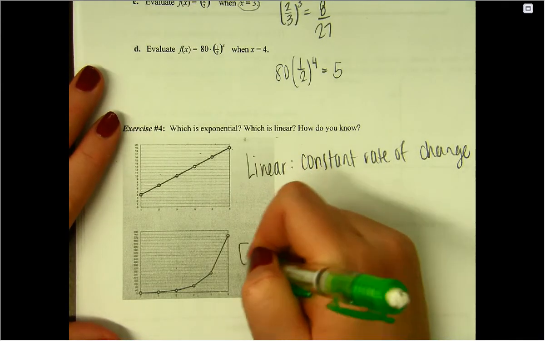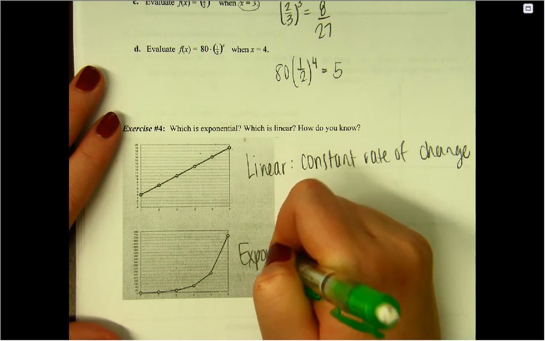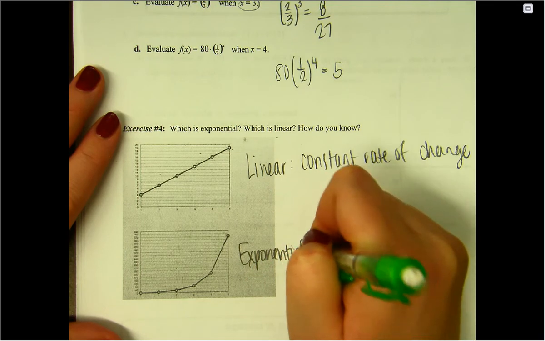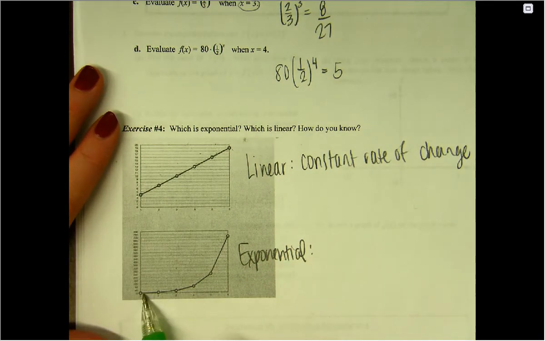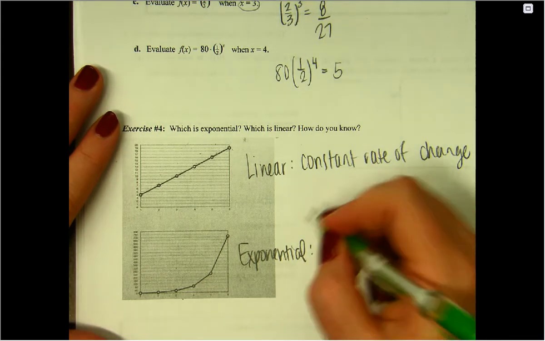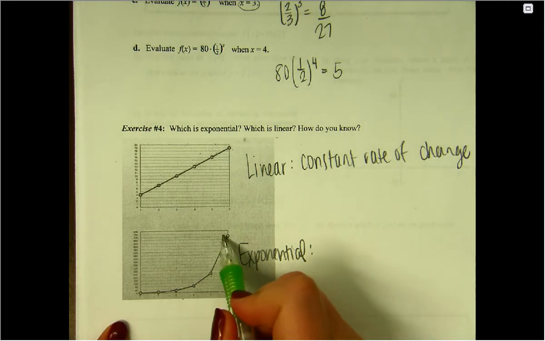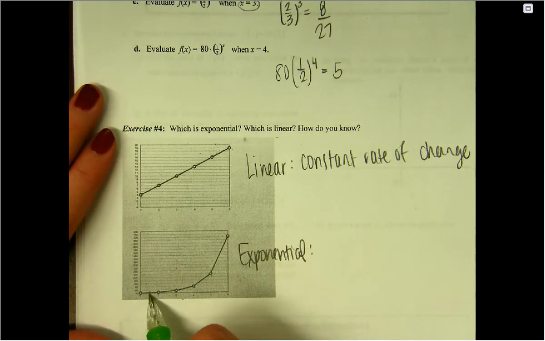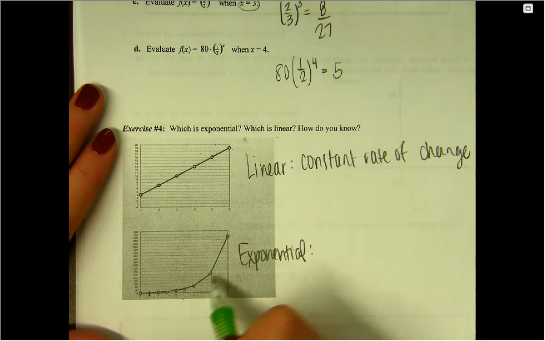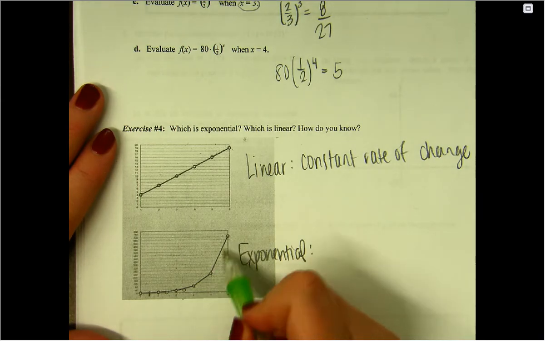Okay, this one is our exponential. And what happens here? Well, the reason it's exponential is because the distance between these dots increases more every time. So this little line segment is a little smaller than this one, which is a little smaller than this one, which is smaller than this one, which is smaller than this one.